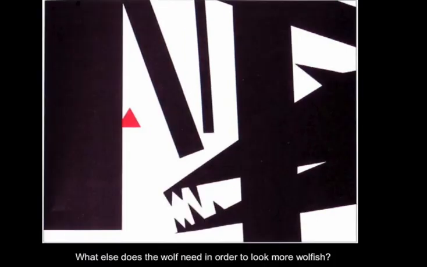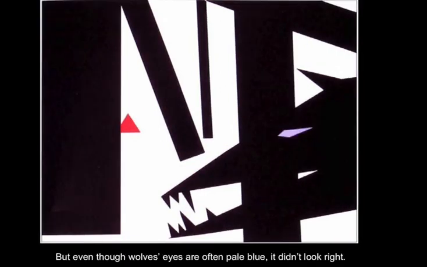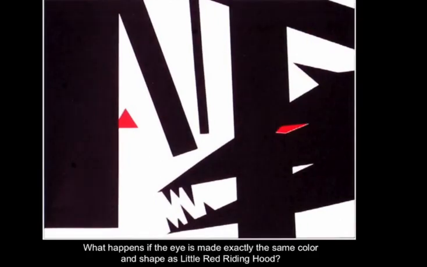So what else does the wolf need to look more wolfish? She's experimenting with the eye right now, like the color of the eye. She's thinking maybe it doesn't quite work as purple. So what color could she use to make it a little more intense or scary?